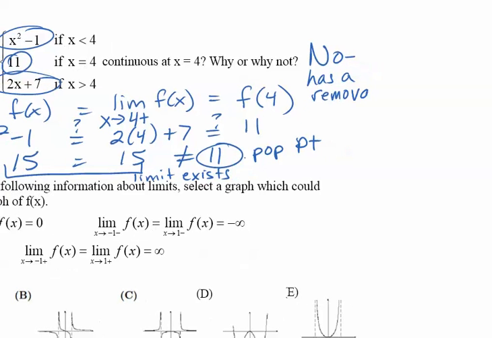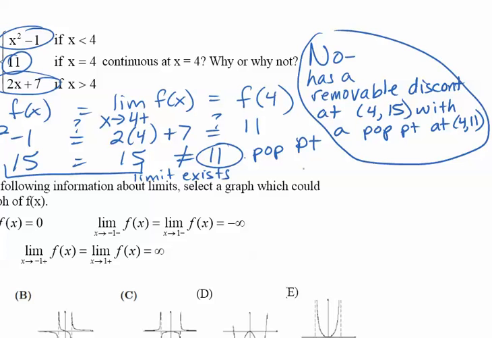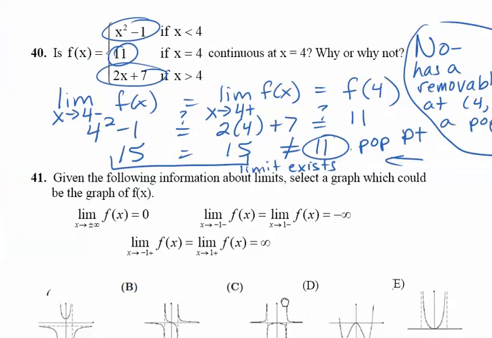A hole in the graph. It has a removable discontinuity at 4, 15 with a pop point at 4, 11. All right, so you wouldn't necessarily have to be that specific. I think your work has already explained that.